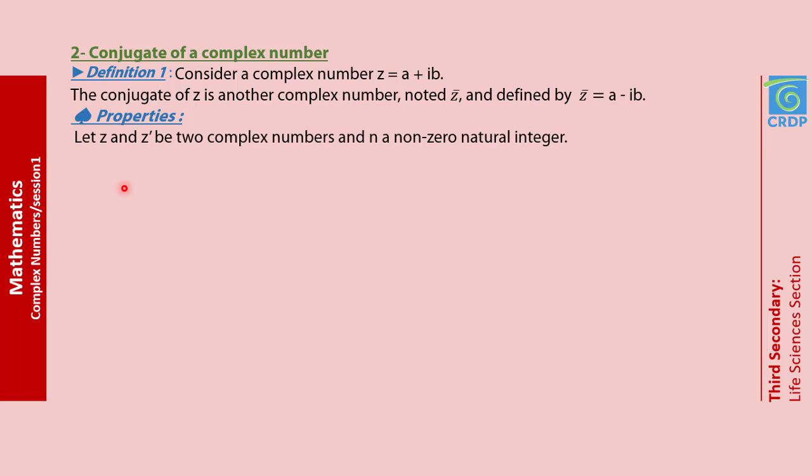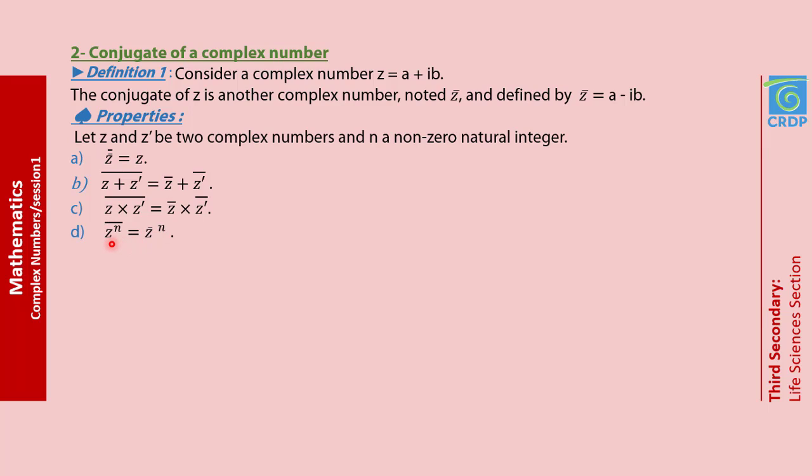Consider two complex numbers z and z prime and a natural number n different from 0. The conjugate of the conjugate of a complex number is equal to the complex number itself. That means z bar bar is equal to z. The conjugate of z plus z prime equals z bar plus z prime bar. The conjugate of z times z prime equals z bar times z prime bar.